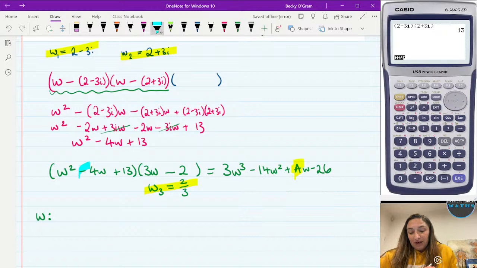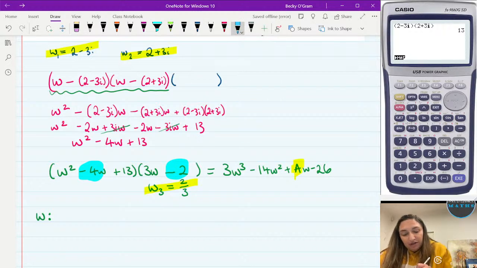So on the left we can make w by doing minus 4 times this constant here. So let's go with that blue. Okay, so we got a minus 4 times minus 2, so that'll be a plus 8w.